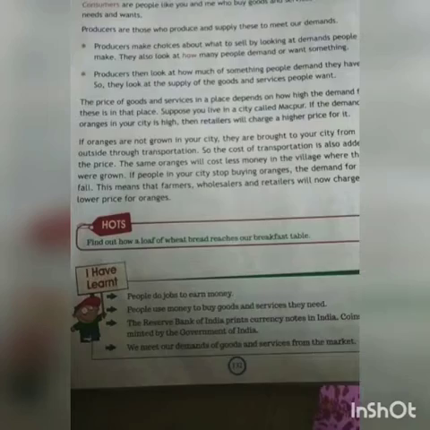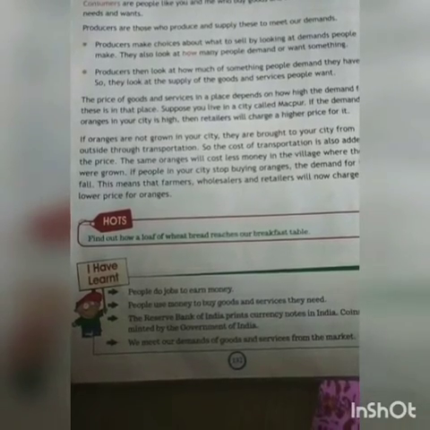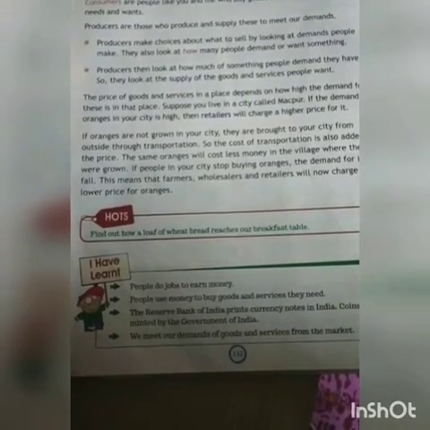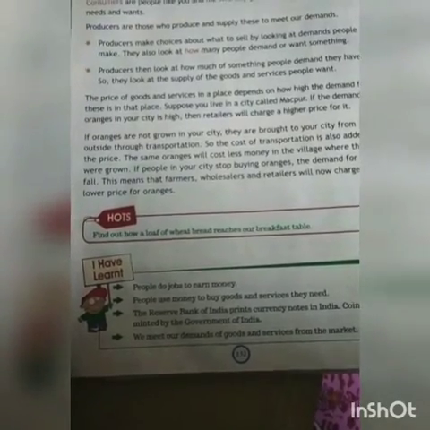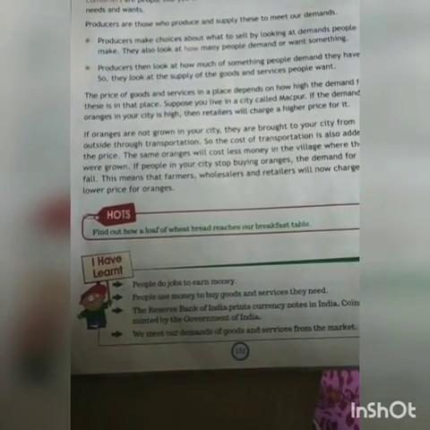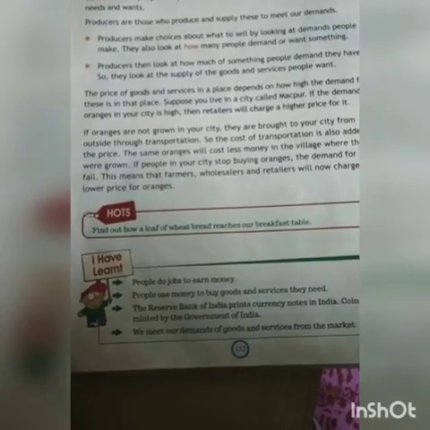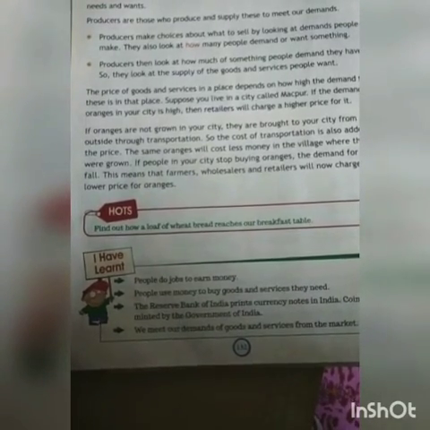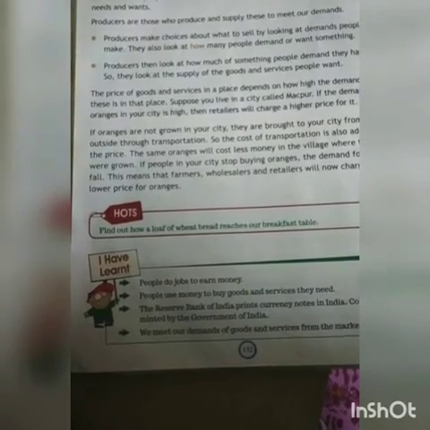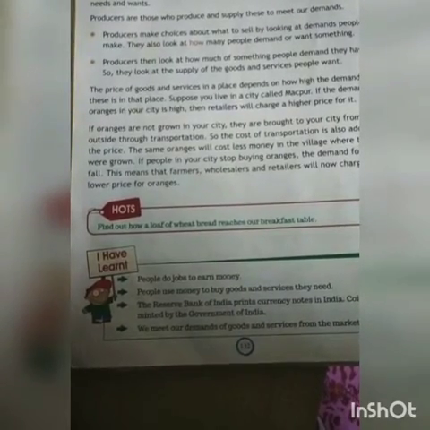Next, producers look at how much of something people demand. The manufacturers will not simply produce goods in bulk. They also look at how much stock is available with them, and then they produce. They see how much of the good is needed by the consumers, how much is necessary.